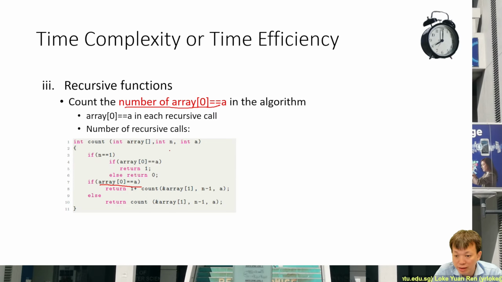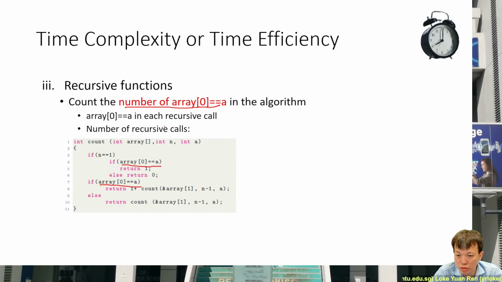In this one, we are trying to count the number of A appearing in a given array.